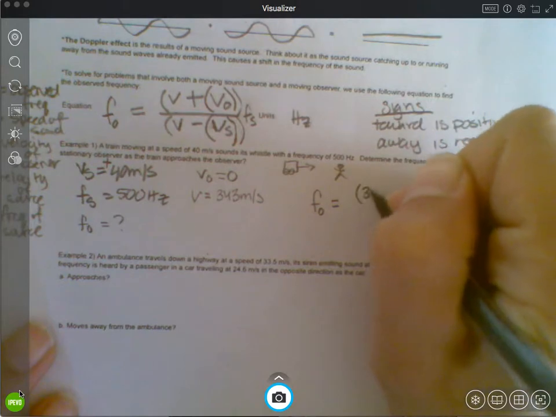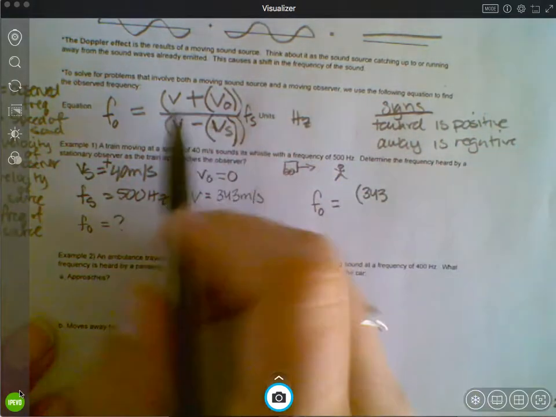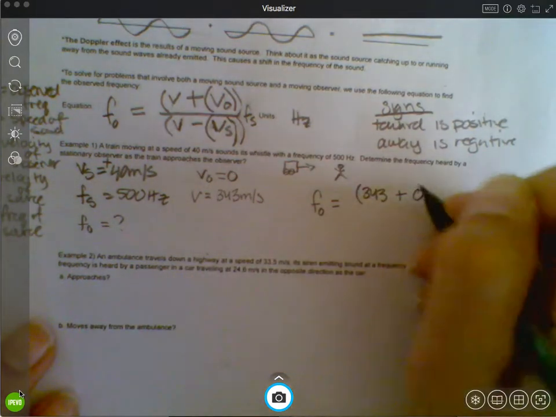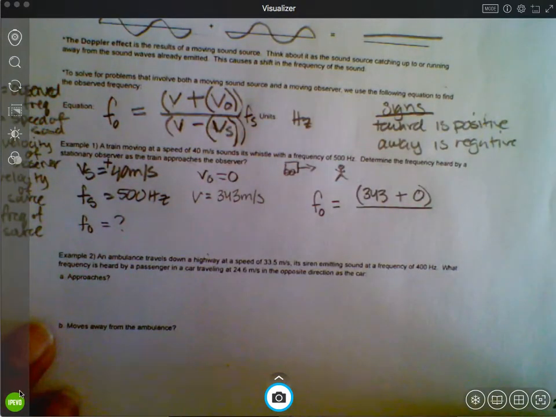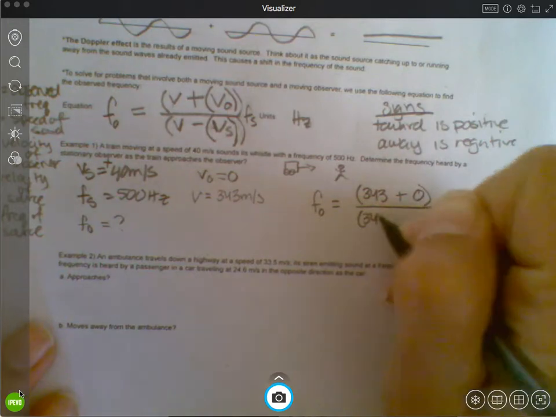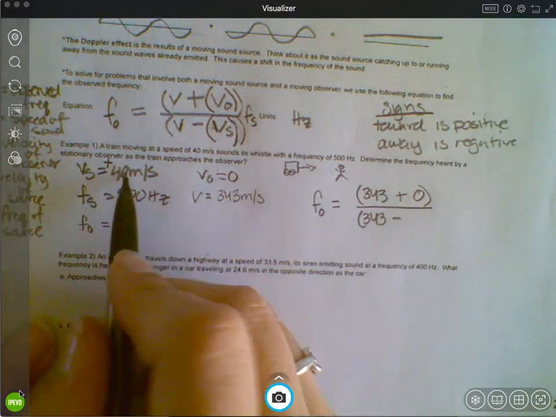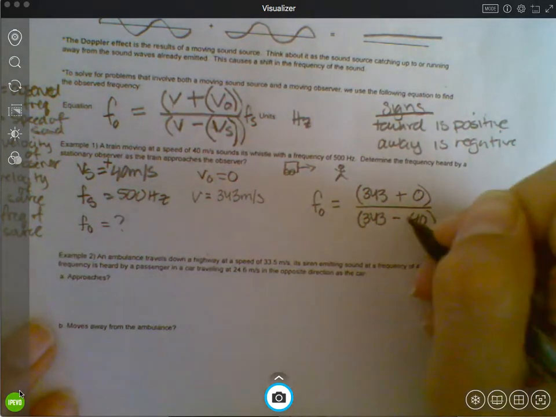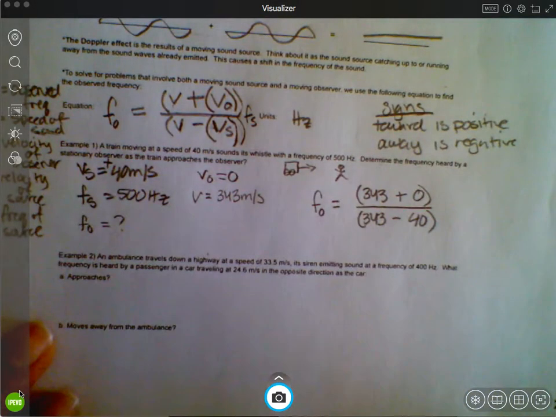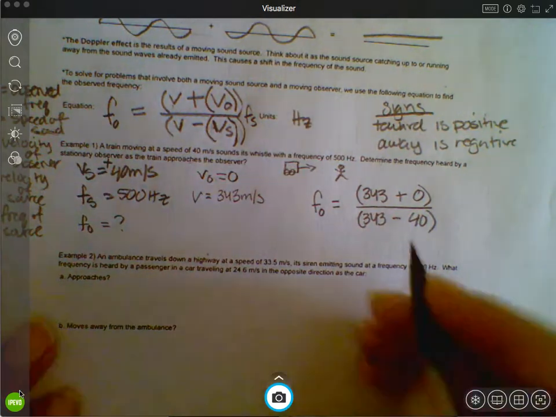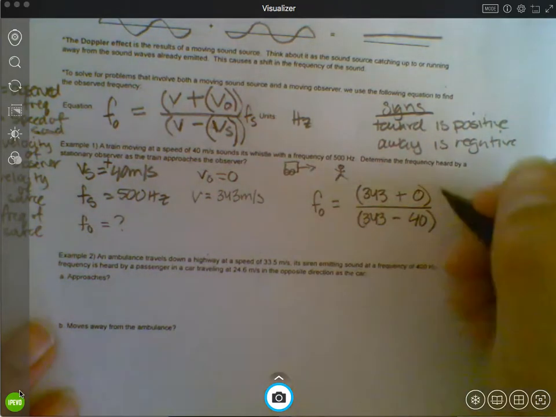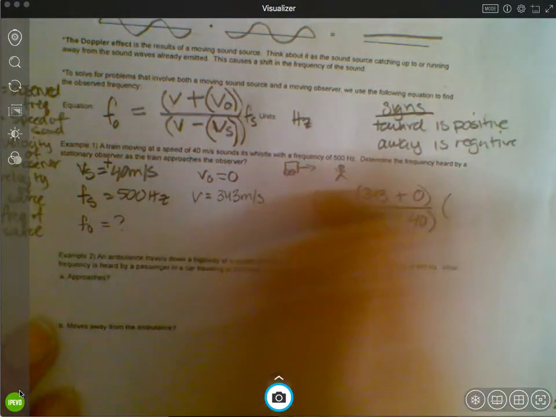We have 343, okay, that's this, plus the velocity of the observer, which is 0, divided by 343, minus positive 40. Okay? And you can put the positive, but positive 40 is positive 40. The minus does not change to a positive because that's part of the equation. So it's just minus positive 40. Okay? Times the frequency of the source, which is 500.